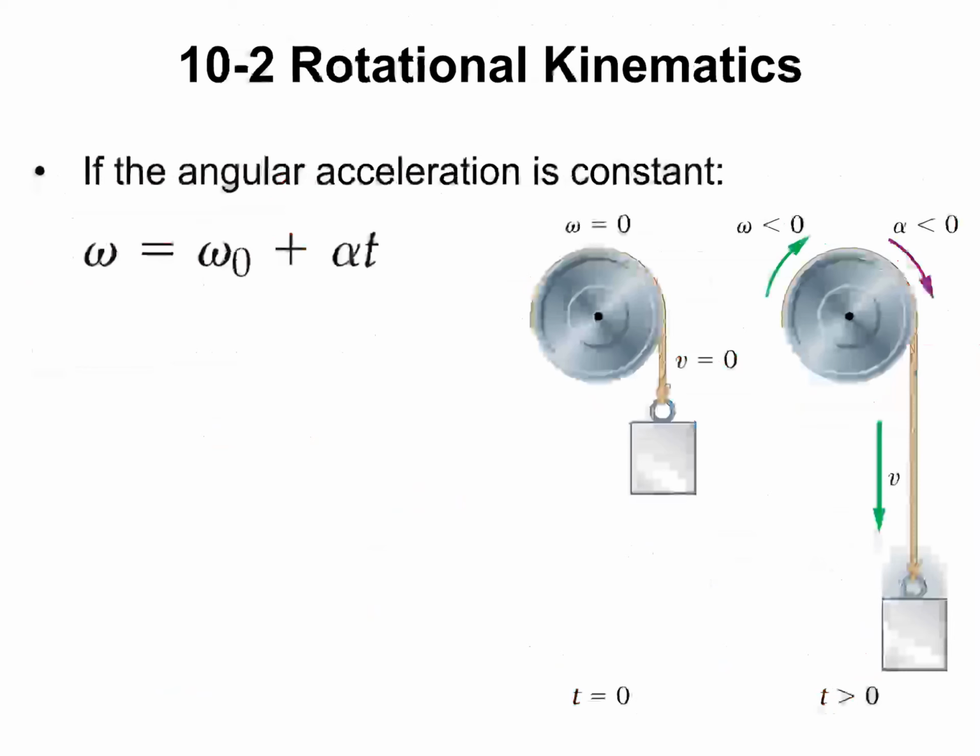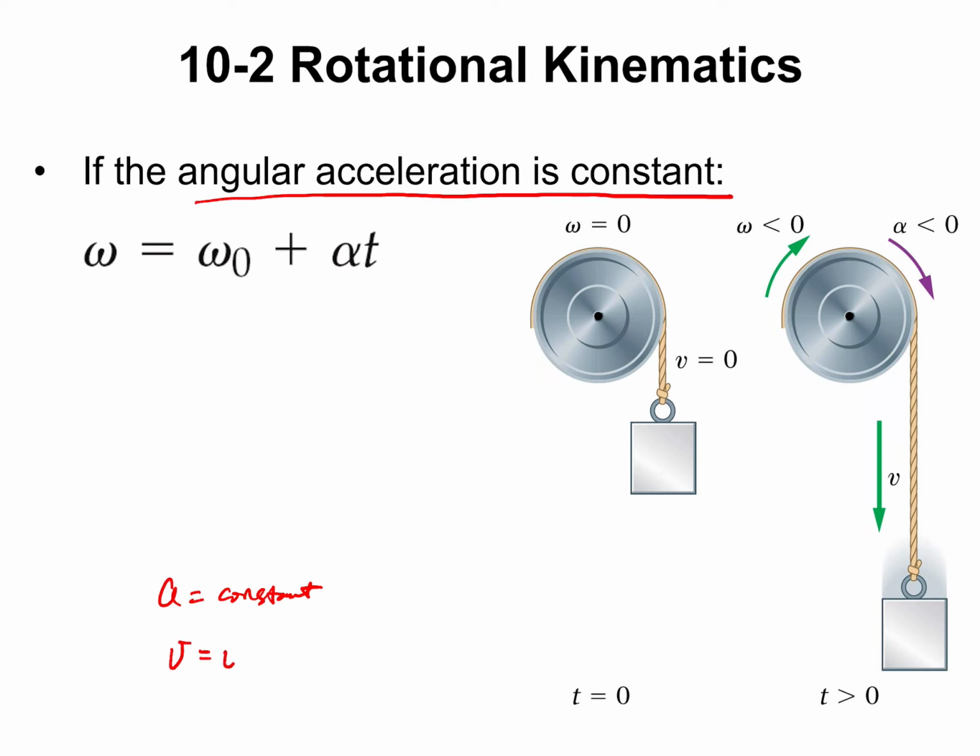So here, if angular acceleration is constant, in linear motion, if a is constant, okay, so we have velocity equal to v naught plus at, right? Same thing here. Because we describe everything in the same logic.